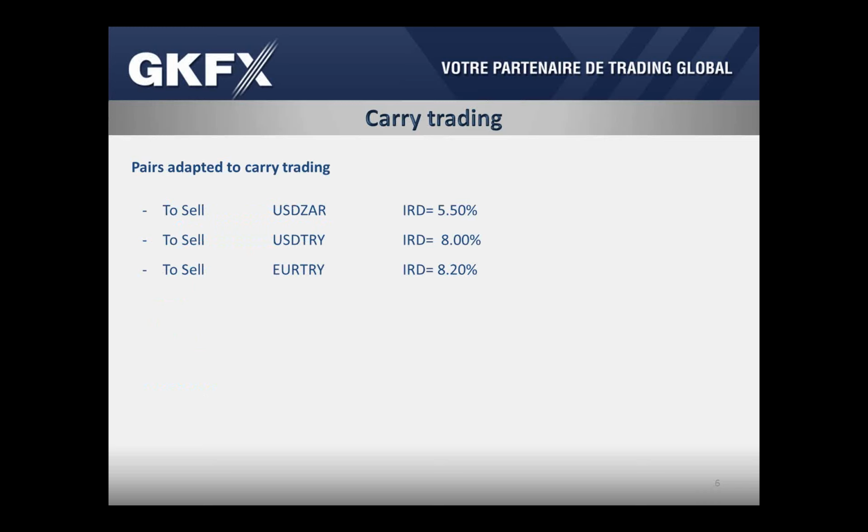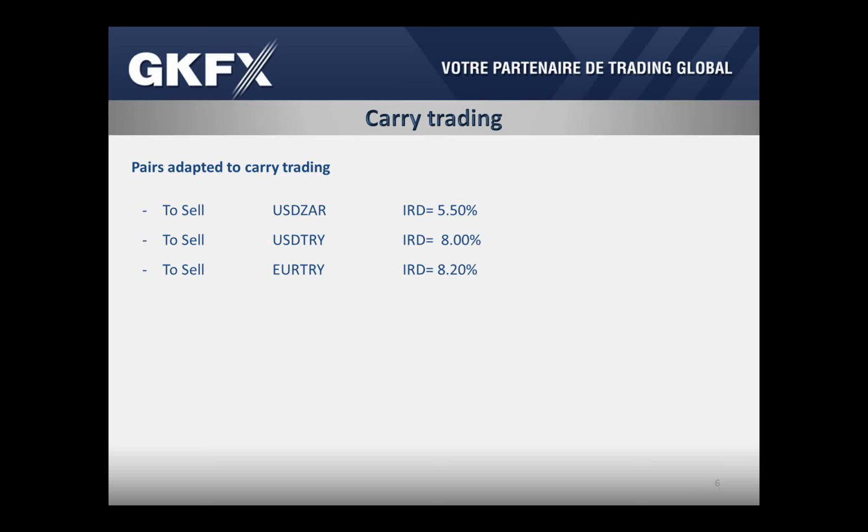Here are some examples of pairs adapted to carry trading. USD ZAR, so dollar rand, the interest rate differential is 5.5%. So this pair, USD ZAR, can be a very interesting pair for a carry trading strategy.